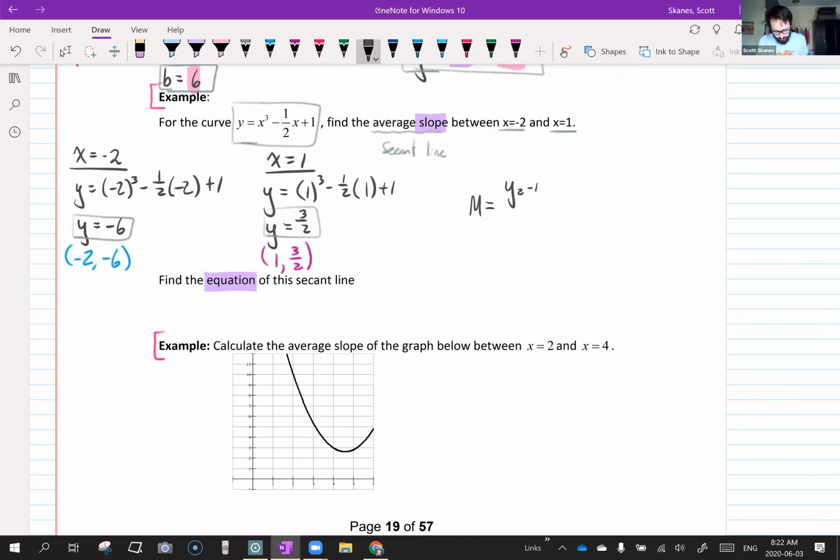y2 minus y1 over x2 minus x1. y2 here is 3 over 2 minus -6. x2 is 1 minus -2. So just in case you're a little bit lost, let me color code these.